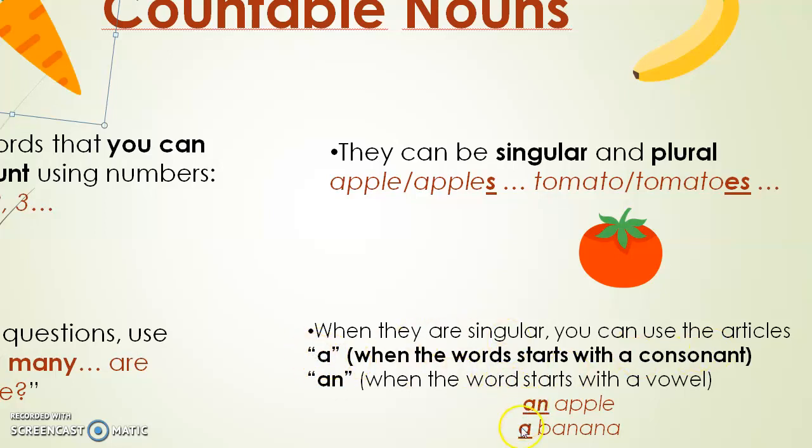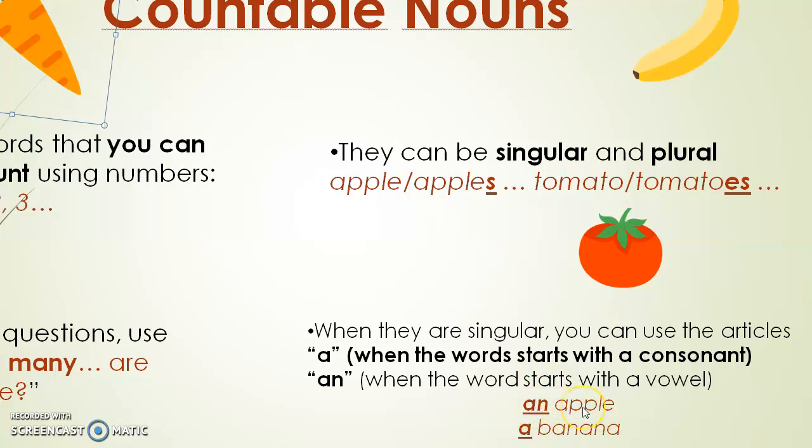For example, B is a consonant, a banana, right? Un banana. And the other one, we use an apple. According to the rule, you use an when the word starts with a vowel, an apple.